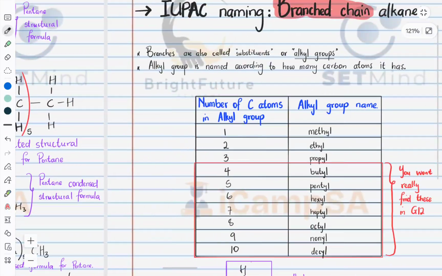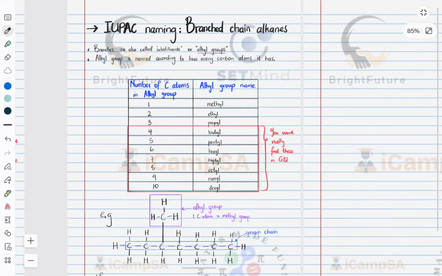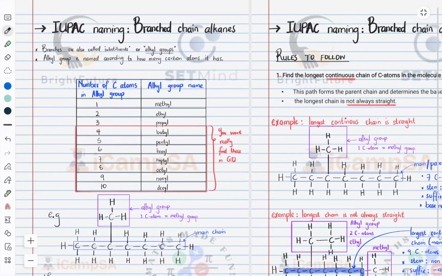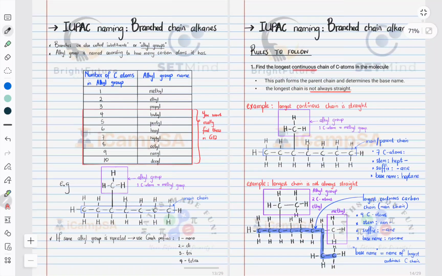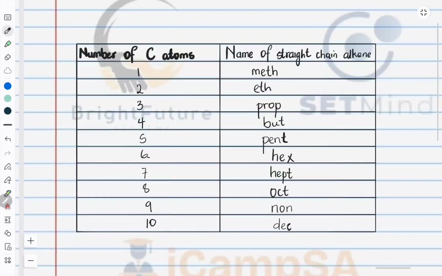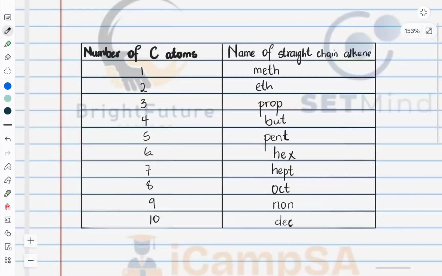So we can take our table. Here's what I mean. Remember, we count how many carbon atoms that particular organic compound has. Starting with straight chain alkenes, this is where the alkene has no branches or alkyl groups.